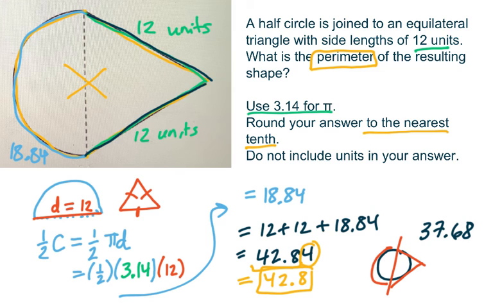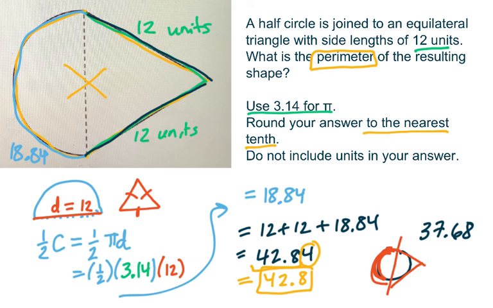So those were things that you needed to have added to make your perimeter, your total. And then, of course, in the case of not using half of the circle, you needed to only have used the 18.84 to find half of the circumference. You don't need the whole circle because that's not part of the shape. We're only using half of the distance around the circle.